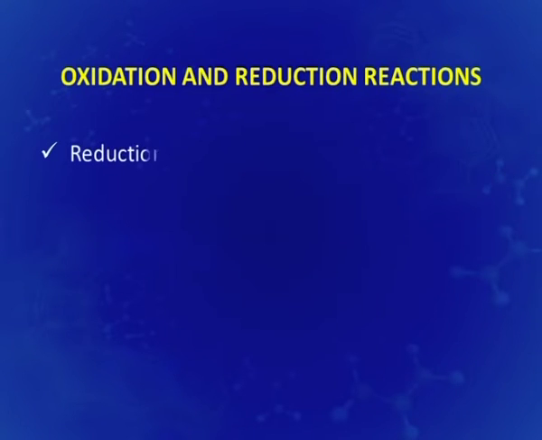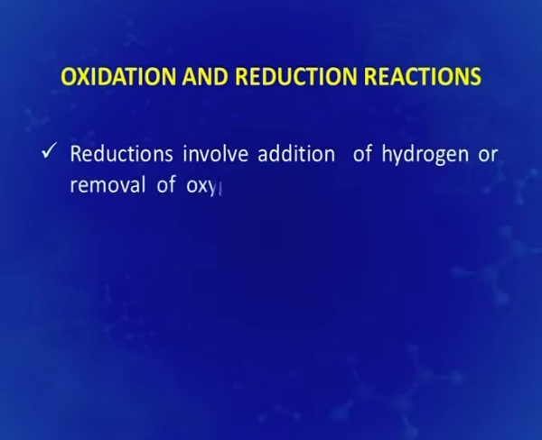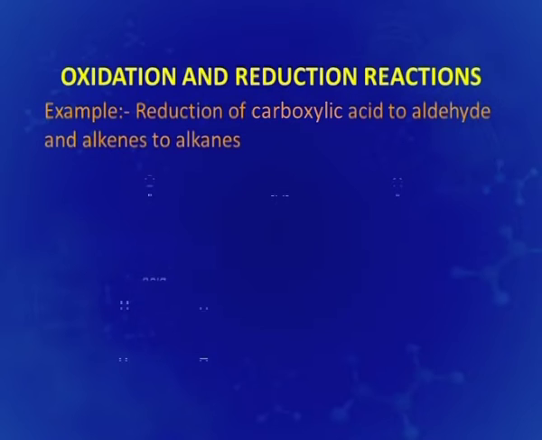Similarly, reductions involve addition of hydrogen or removal of oxygen, which is of course the reverse of oxidation, and in any reaction simultaneously the moiety which is getting oxidized is the reducing agent and vice versa. For example, reduction of carboxylic acid to aldehyde and alkenes to alkanes.